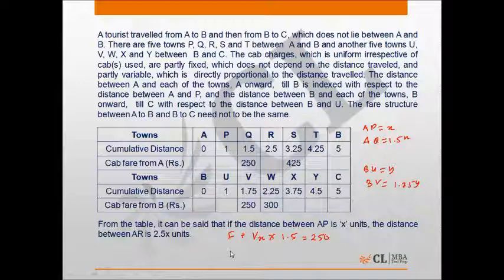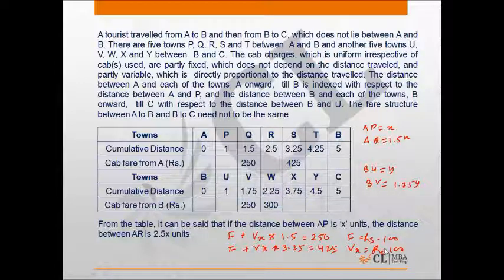Similarly, the cost for traveling from A to S will be F plus Vx into 3.25, which is 425. By solving these two equations, we can get the value of F as rupees 100 and that of Vx as rupees 100.